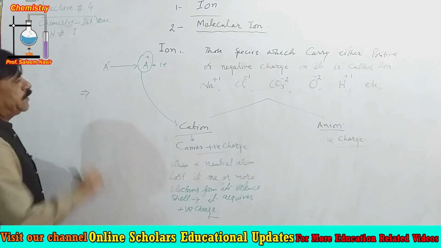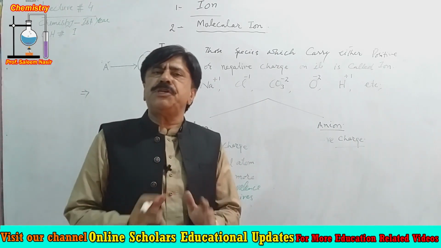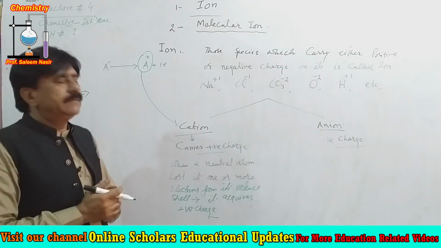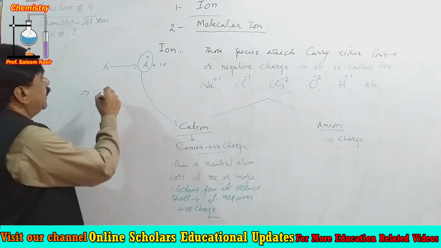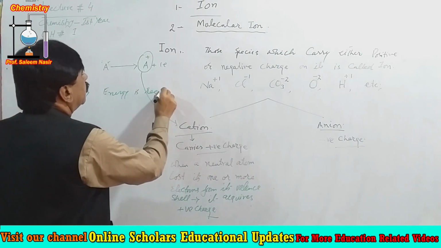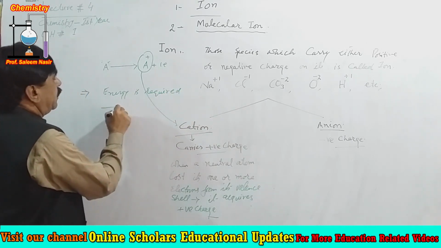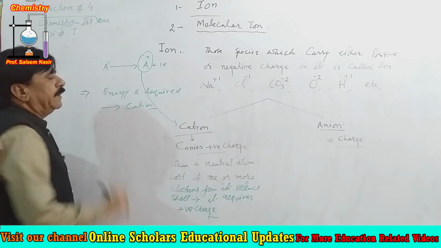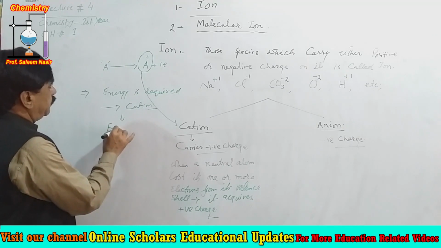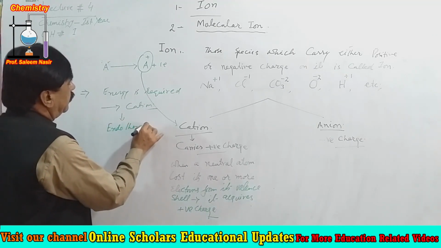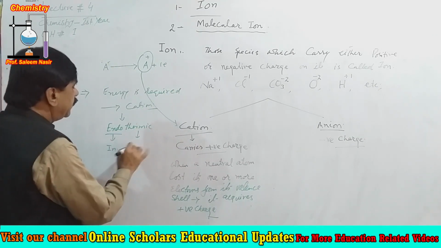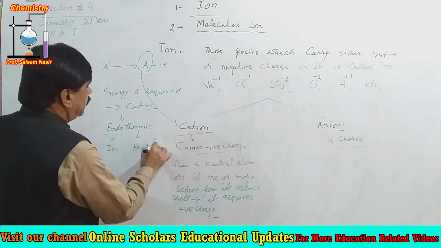Now, you must know that formation of cation is an endothermic process. So the energy is required for the formation of cation, means that process is an endothermic process. Endo means in, therm means heat, energy.